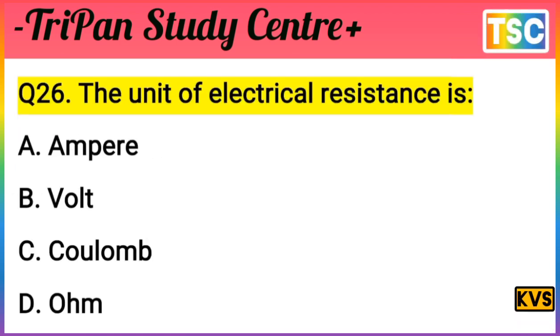The next question on your screen: the SI unit of electrical resistance is: A, ampere; B, volt; C, coulomb; D, ohm. The question is clear, but first of all, write the correct answer in your notebook.